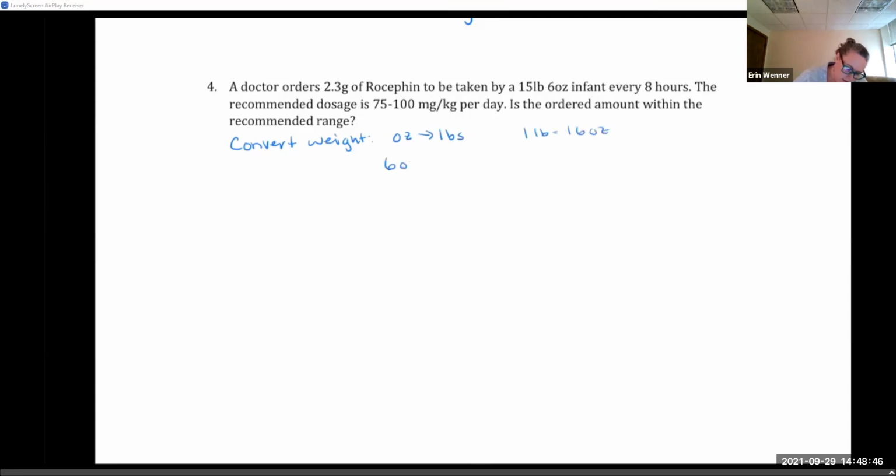So we're going to take 6 ounces. So 6 divided by 16 is going to give us 0.375 pounds. So 15 pounds, 6 ounces is really 15.375 pounds.